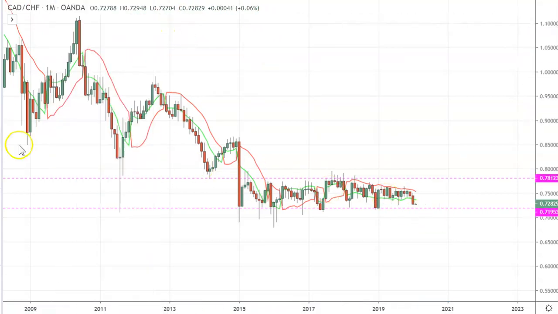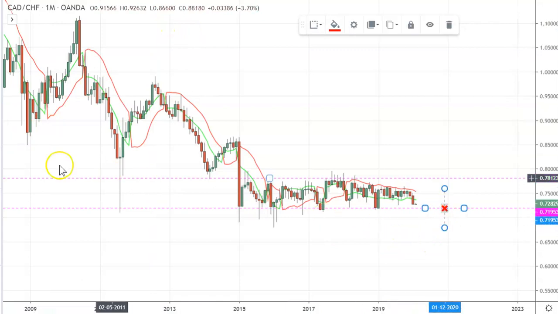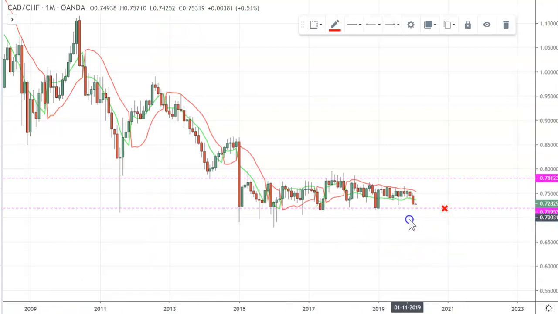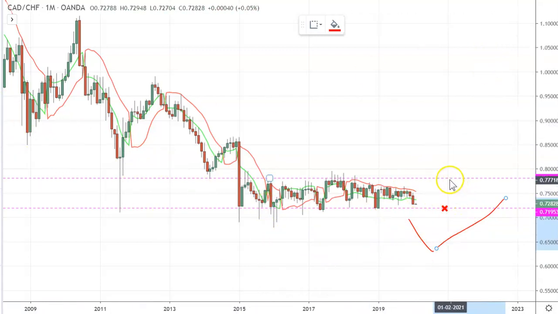What I want to see is if it comes to here, even if it breaks down below this and then goes back up, I'll be looking to add wherever it turns, and I will be stacking it up. I am not that confident that we are going to get a massive run up because of the strength in the Swissy at the moment.